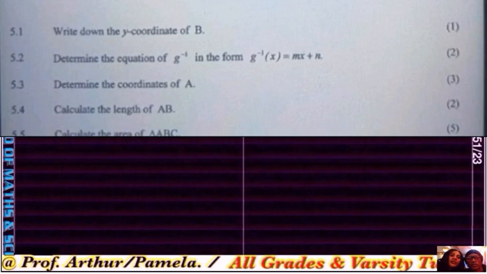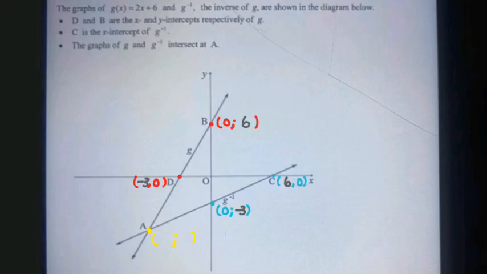Now they say determine the length of AB. What is the A? A is there. B is there. Alright, we are going to do the distance formula, the one you did when you were doing analytical geometry. So I'm going to write AB.